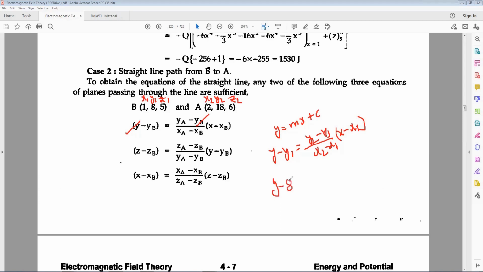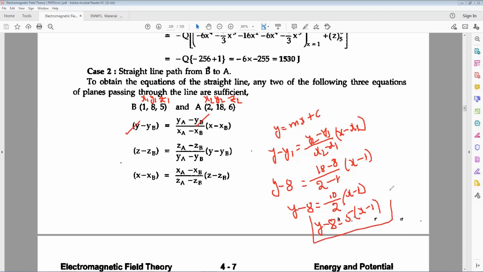Y1 if I am taking as 8, and y2 is 18 minus 8, and x2 is 2 minus 1, and x minus x1 is 1. So y minus 8 is equal to 18 minus 8, which is 10, 10 by 1, x minus 1. So y minus 8 is equal to 10 into x minus 1. Okay, that is the first one.